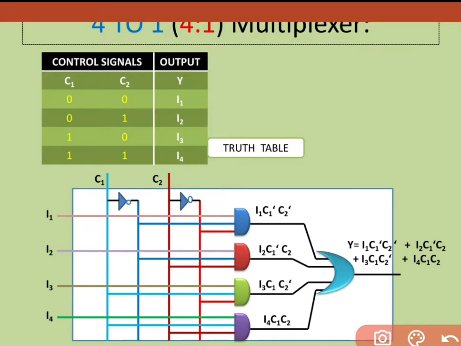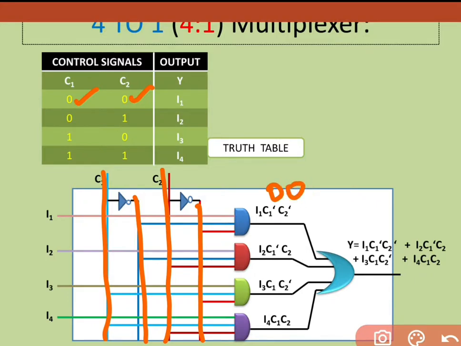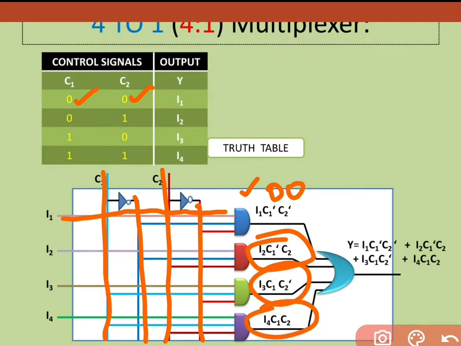How has it happened? We have to create some truth table for that. In this way we had created our truth table: C1 normal and the negation part. When the first one occurs, we have to take 0 0, means 0 is C1 dash, again 0 is C2 dash, and then we are placing I1 with C1 C2, and the same way I2 with C1 C2, I3 with C1 C2, and I4 with C1 C2.